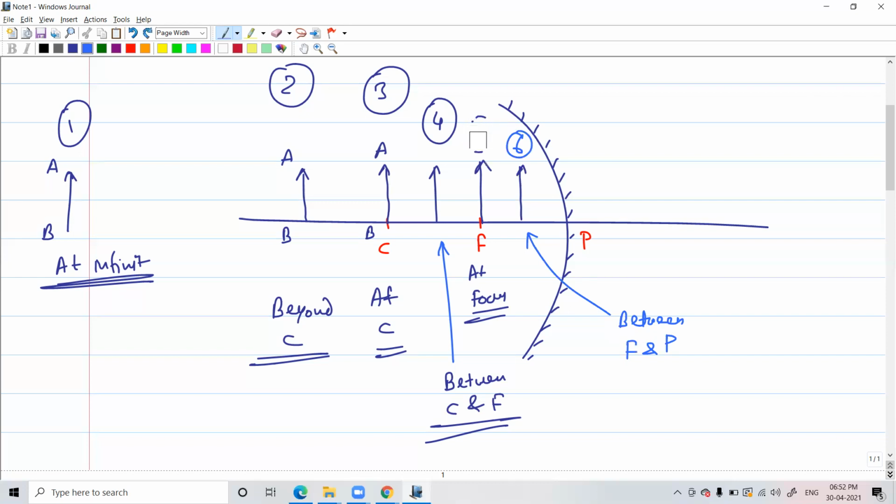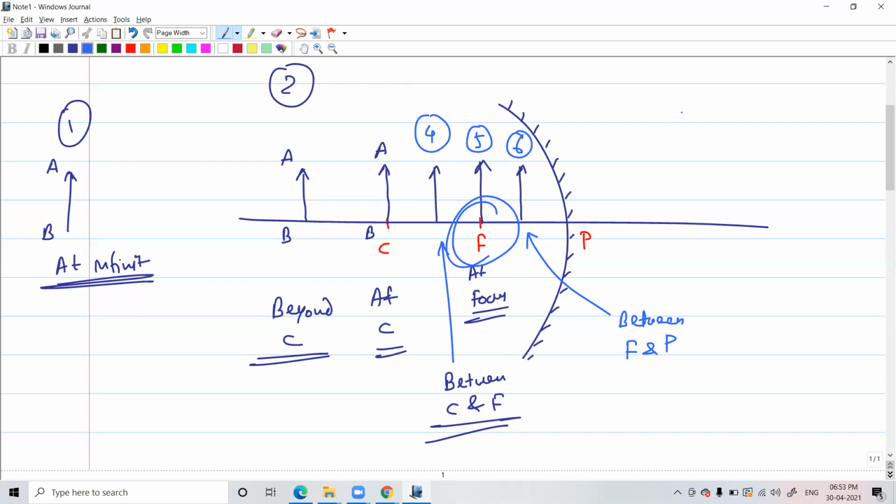Sir, yes, tell me. So we can also call it as on small alphabet f. Small alphabet f is for focal length, that is to represent the length of the focus from the pole. Okay, small alphabet f means, see this, are you talking about this focus over here?